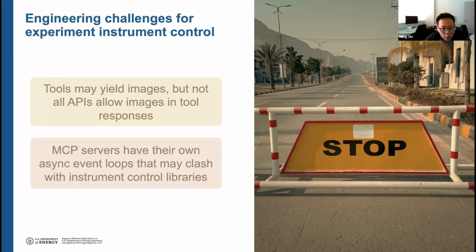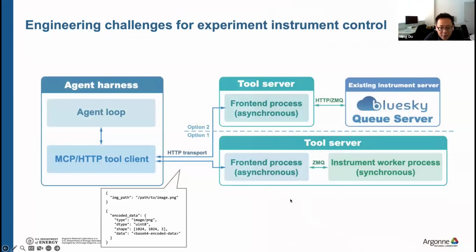Bluesky has its own event loop, and we have experienced that if you directly call Bluesky functions in an async function, it's going to crash because of this async event loop unsafety. So for the implementation of the tools, we are taking a scheme to ensure that, first, we can properly return the images generated by the tools to the agent, and second, all of our tools can run normally without any thread-safety or async event loop crash.